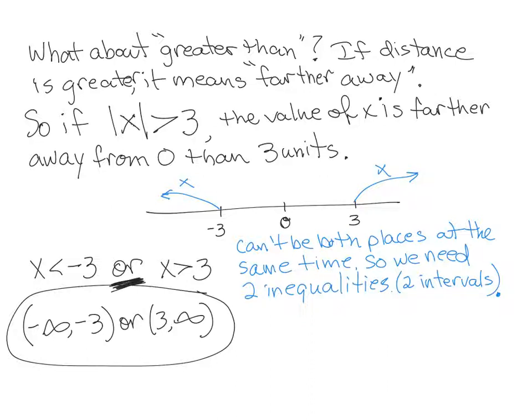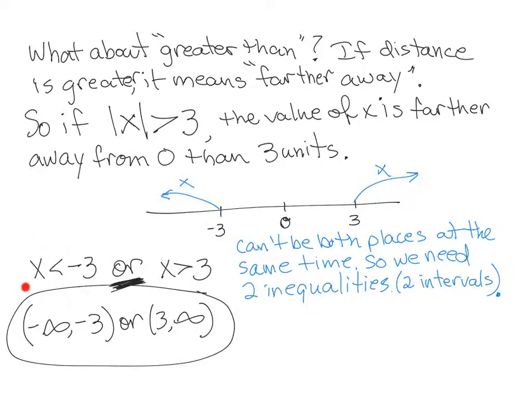So I'm going to need two separate inequalities, one where x is less than the negative or greater than the positive. Always say that to yourself. It's less than the negative or greater than the positive. And it's or instead of and, because and means both at the same time, and I can't be both places at the same time.